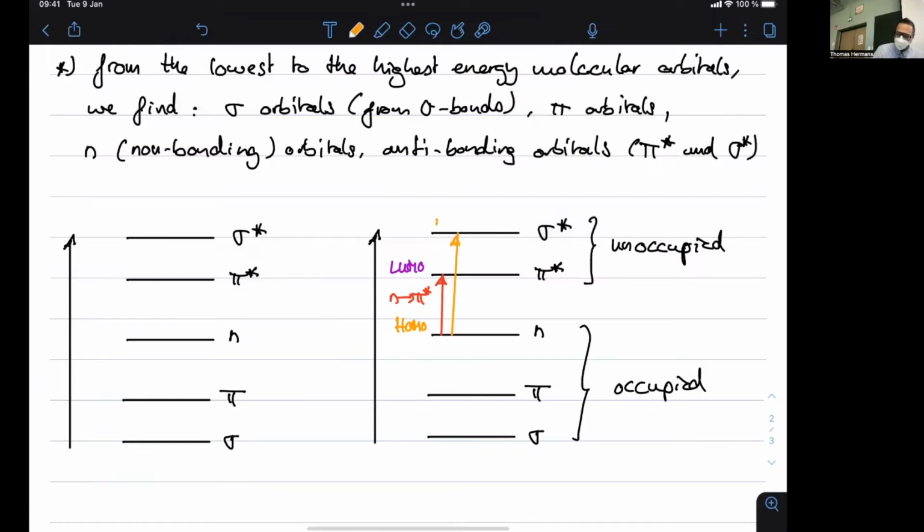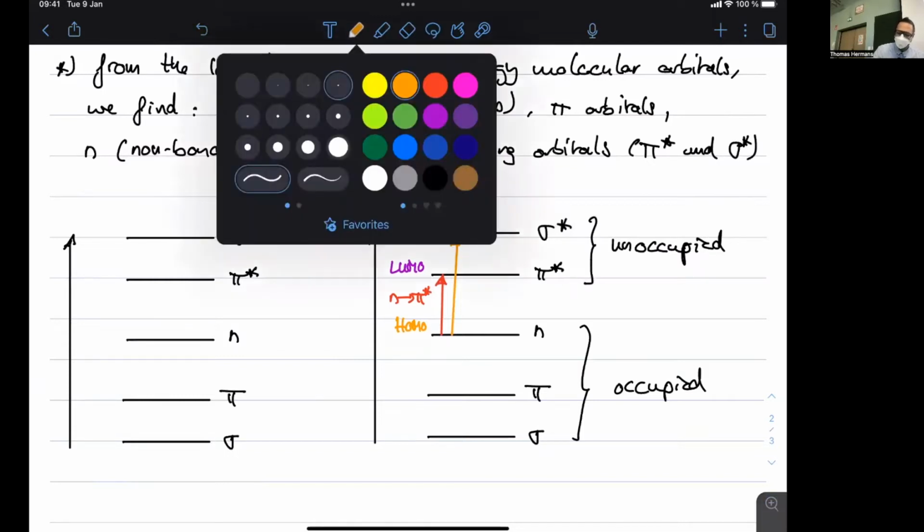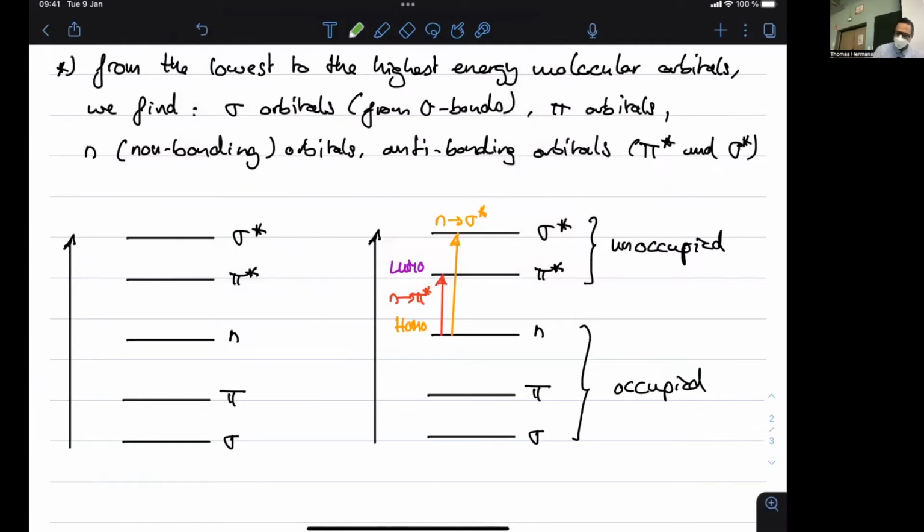This would be the N to sigma star. This is pi to pi star. And this would be the most energetic transition, sigma to sigma star.